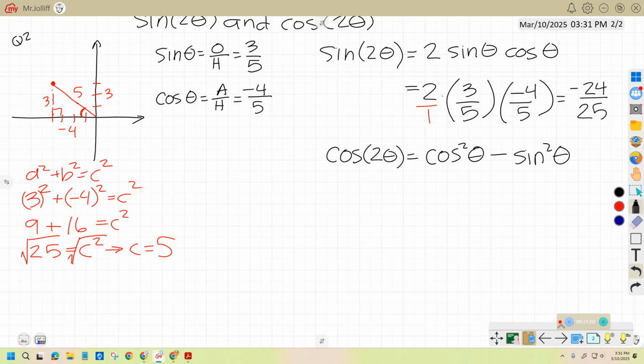And we know what cos and sine are. We're just going to take them and square them. So fraction squared minus fraction squared. Sub in the appropriate fractions. Cos is minus 4 over 5. Sine is 3 over 5.